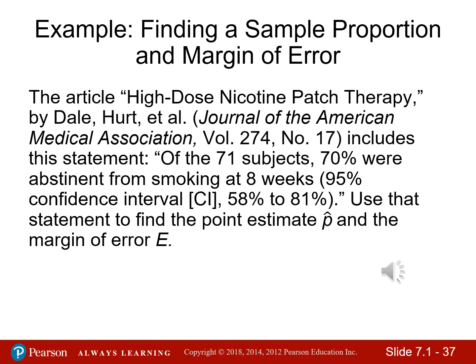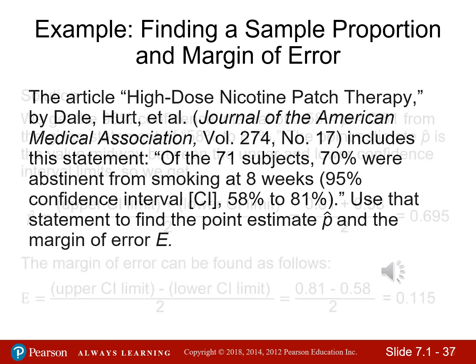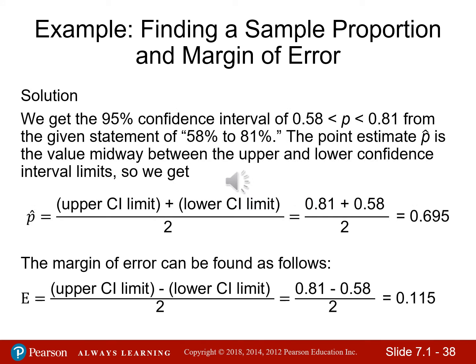Use that statement to find the point estimate P hat and the margin of error E. We can get our 95% confidence interval of 0.58 less than P less than 0.81 from the statement of 58% to 81%. So the point estimate P hat is the value midway between the upper and lower confidence interval limits.